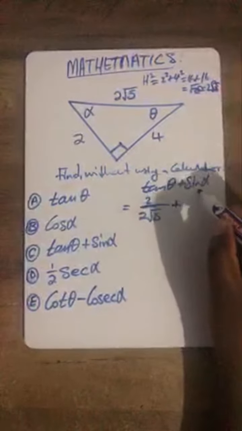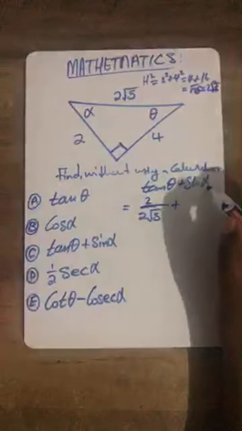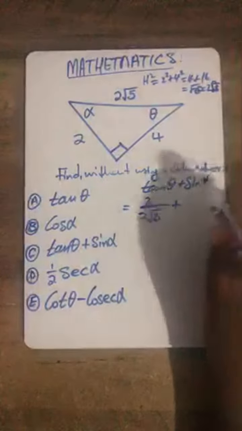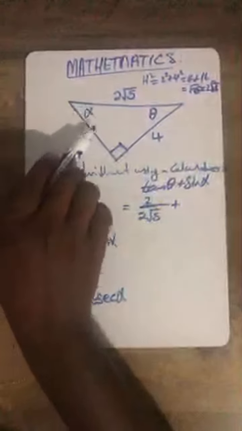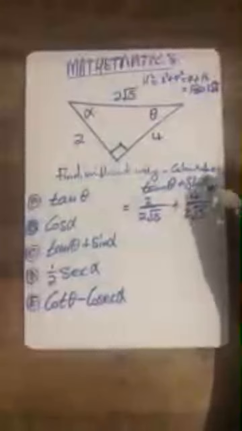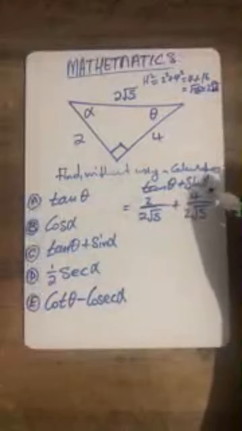You must plus sine alpha. See, no, it's opposite over hypotenuse, with the opposite being 4 over hypotenuse. So you need to be careful, sine of which angle? Sine of that one.